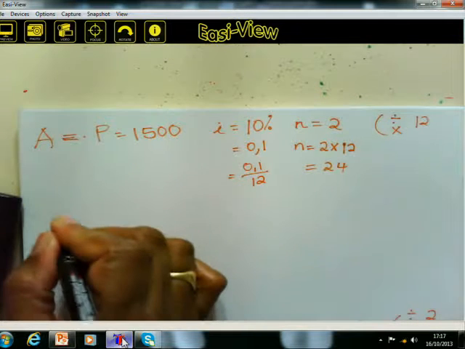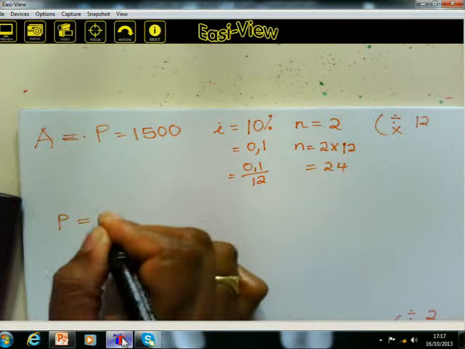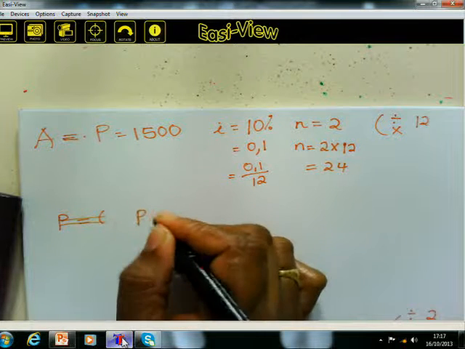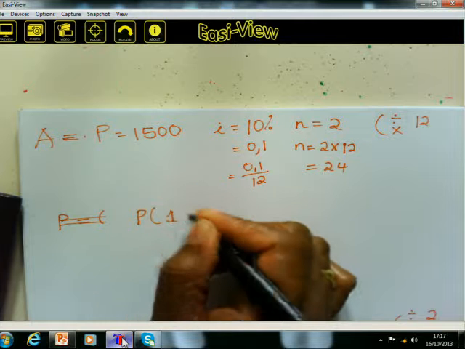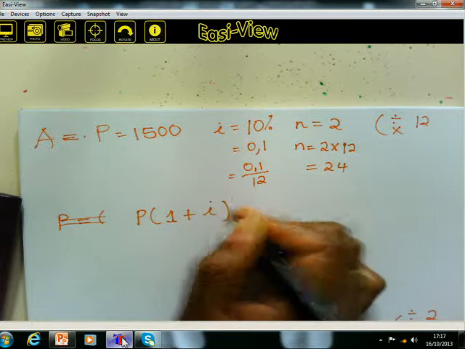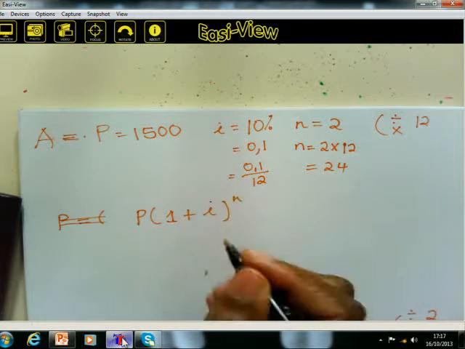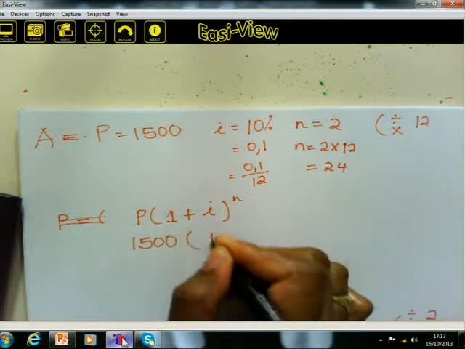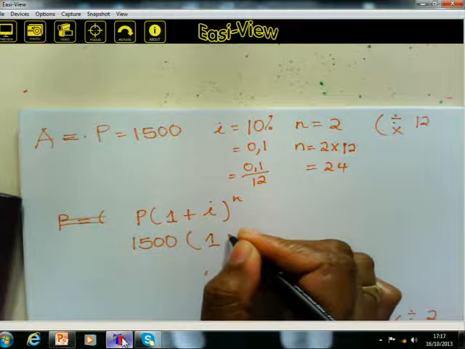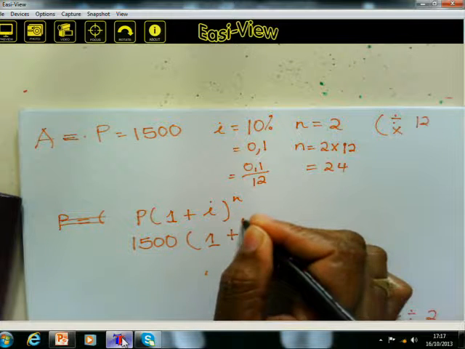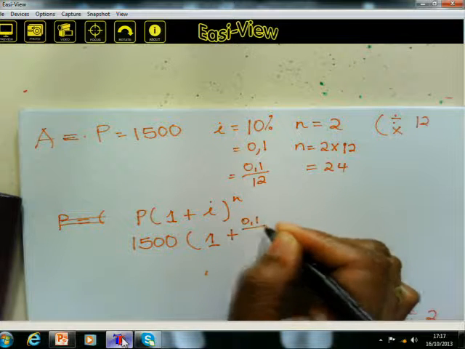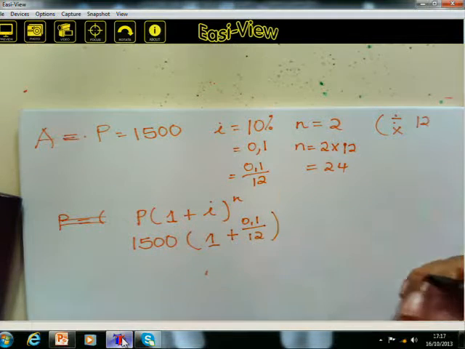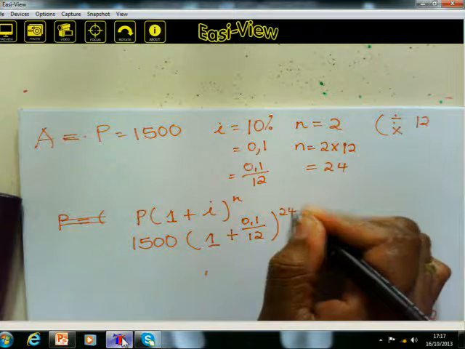So let's see. Principal amount, 1 plus interest, to the power of n. Principal amount is 1,500(1 + 0.1/12)^24.